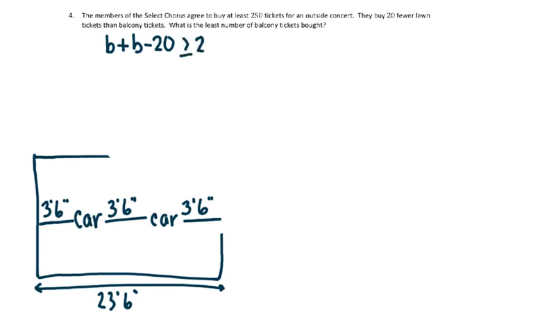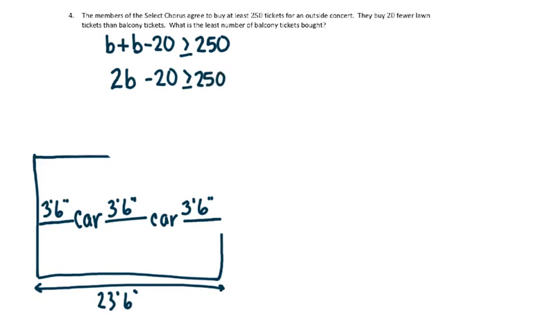So they can buy more than 250 tickets, but they can't buy less. So we're going to say greater than or equal to. And now we're going to combine like terms. So we can combine these two B's right here and turn them into 2B. So now we have 2B minus 20 is greater than or equal to 250.